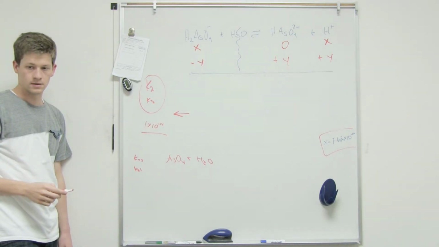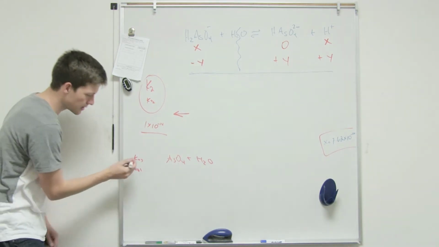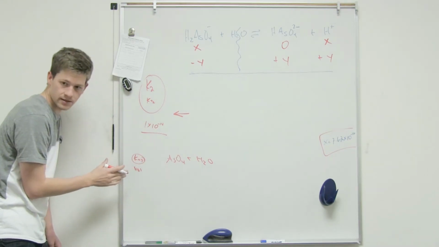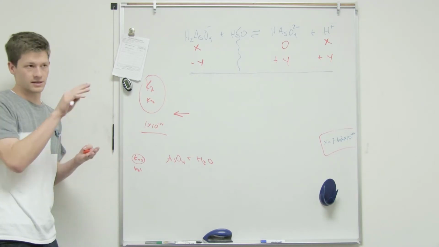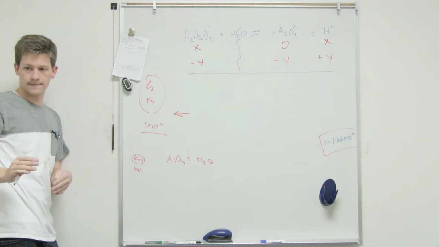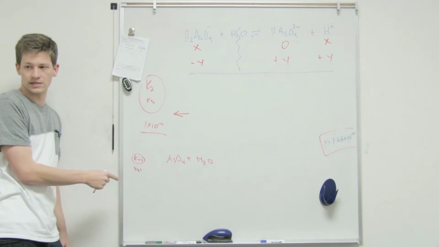Because that's basic. So you take Ka3, the least acidic, which was the one for the last step going from acid to base, but it'd be the first one for the basic.